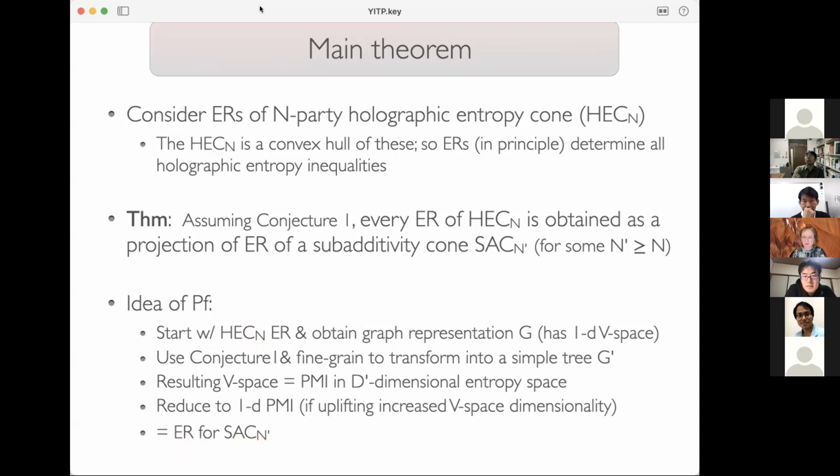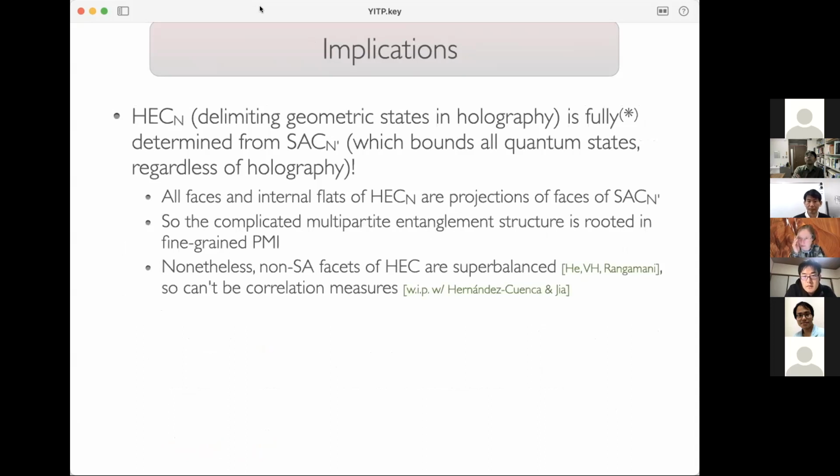Okay, so the implications of the theorem are quite surprising at first sight, because we're saying that the holographic entropy cone is really determined by just the subadditivity cone for some refined system. Subadditivity cone really doesn't know anything about holography. It just says that the amount of correlation can't be negative. That's true for any quantum system, not just holographic ones.